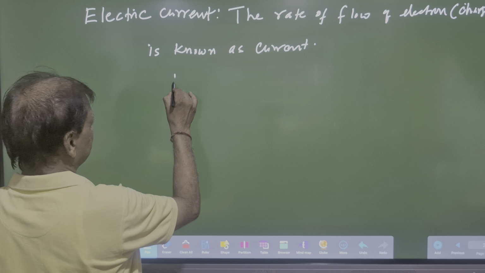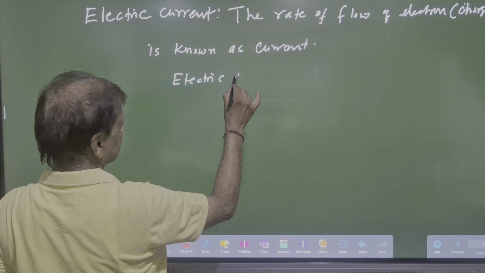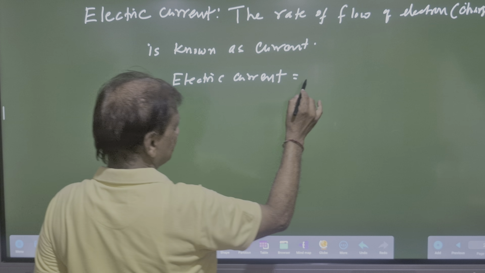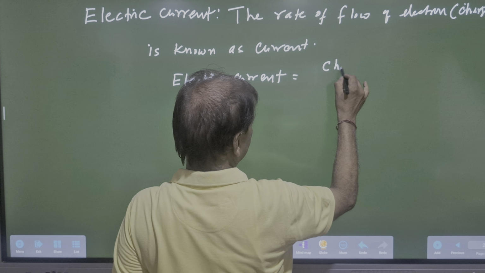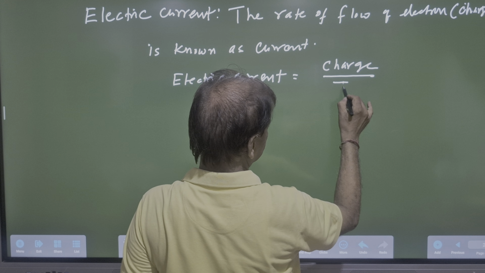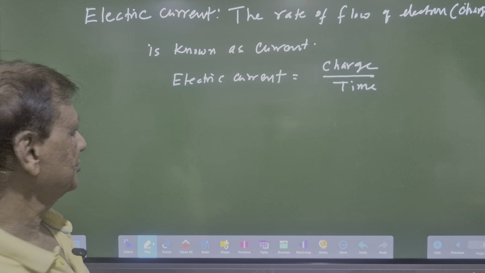So current, electric current, equal to charge upon time, because it is the rate of flow of electrons.